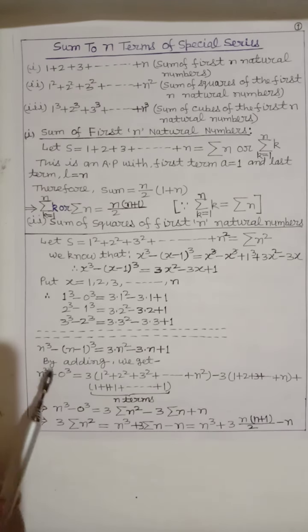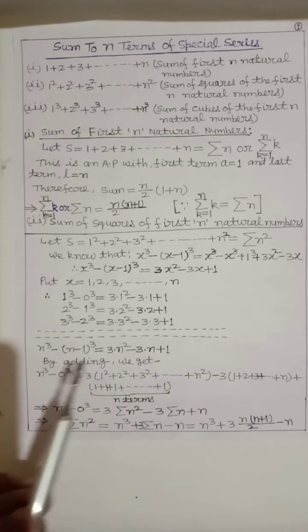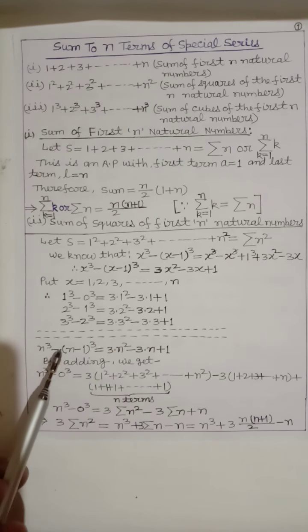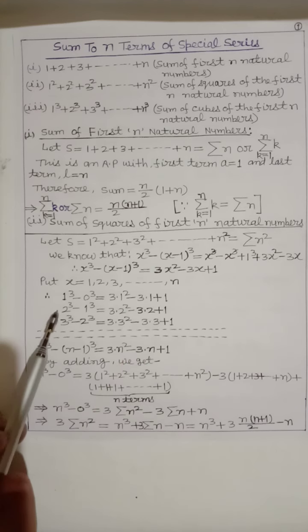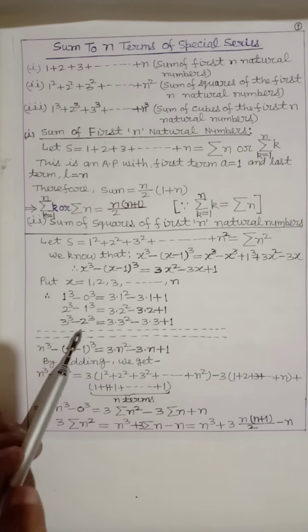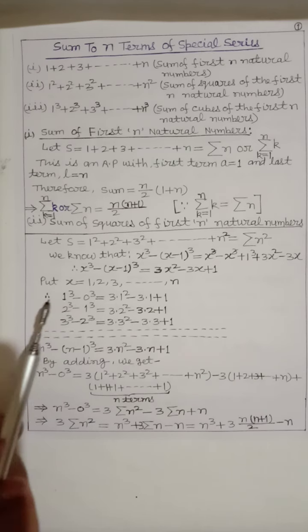Dear students, adding the above correspondingly, means left side to left side and right side to right side. Here, if we add left side, this is 1 cube and here this is minus 1 cube, so both will be cancelled.